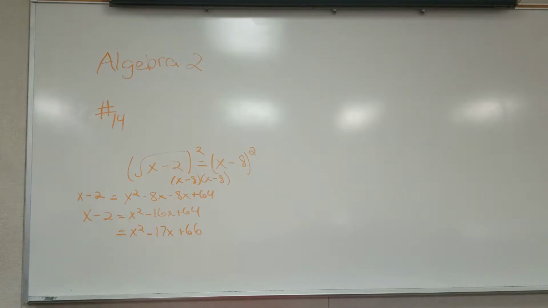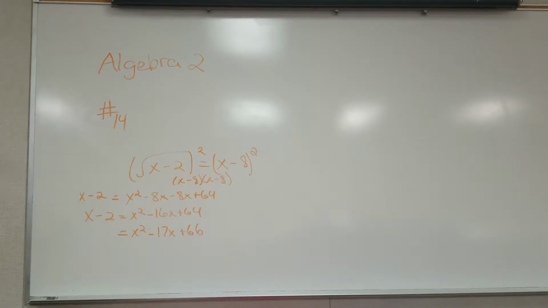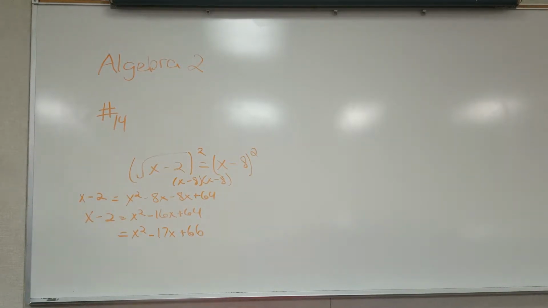So we can choose any way to solve it. You learned the square root method, completing the square, the quadratic formula, and also factoring. This one, I think, will be pretty simple to do by factoring, because the factors of 66 are 1 and 66, 2 and 33, and 6 and 11.